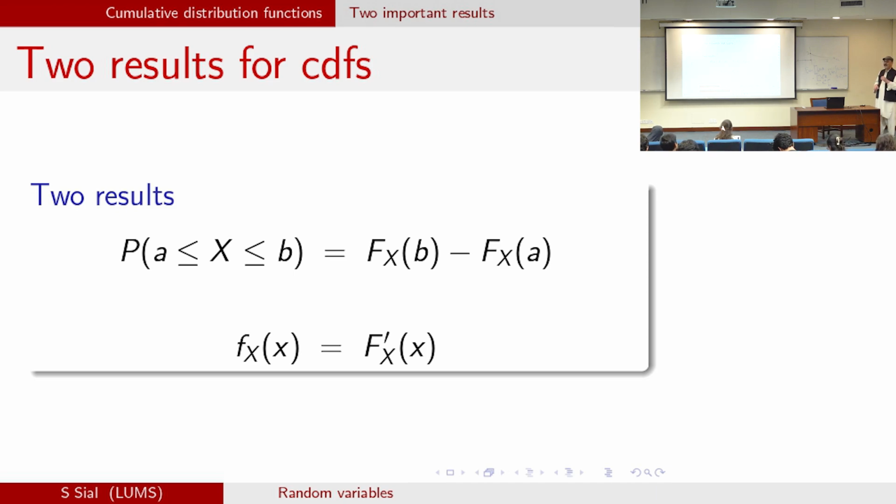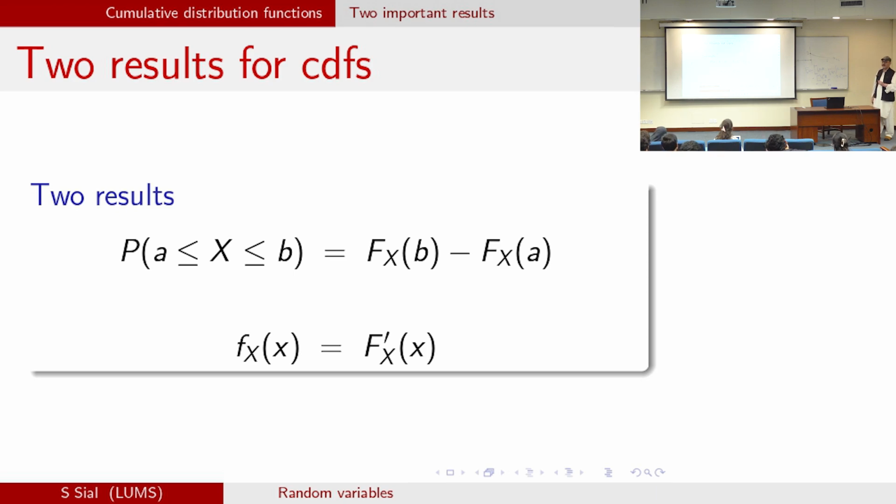And if it's an important enough random variable to have a name and appear in the table, then you may not be given its PDF, but you'll be given its CDF. And with the CDF, the probability that x lies between A and B could be given to you.